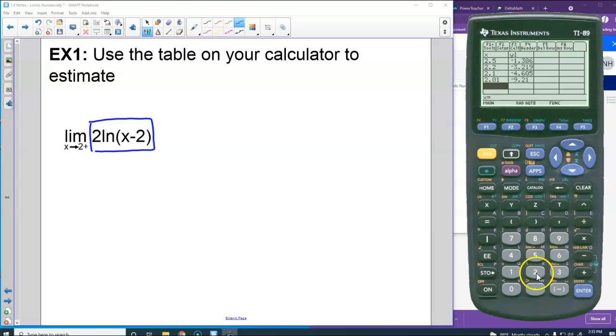What about if I do 2.001? We're trying to get closer. Because, see, this right here means we're approaching 2 from the right. Right would be positive values, right? So we're getting closer and closer and closer to 2 from the right. So this number is even closer to 2. The more zeros I put, the closer I get. And it looks like it's just getting lower and lower and lower.